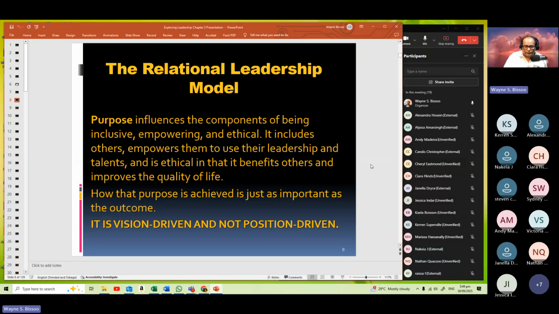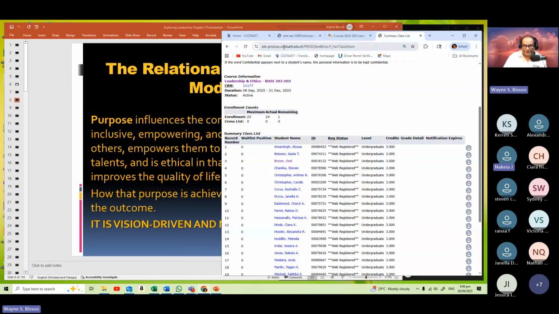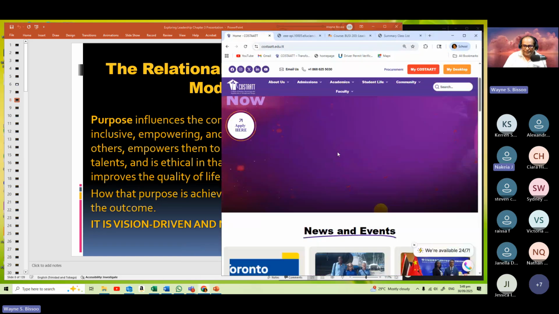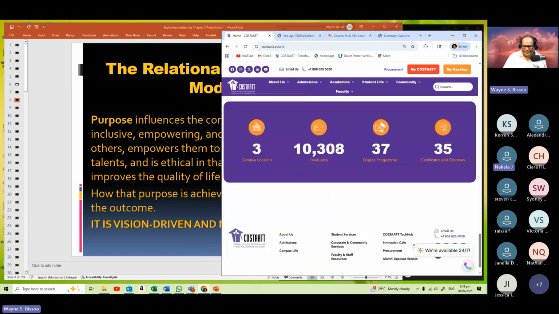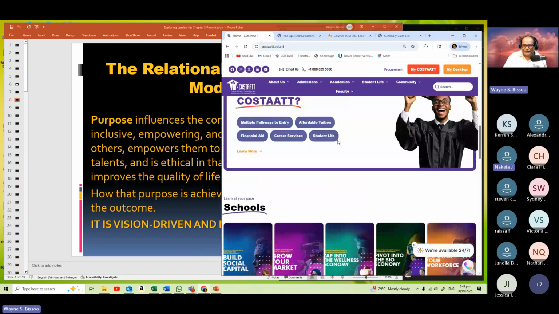Now, how many of you all are familiar with the vision and mission statement of COSTAT? Let's see. Anybody here? So I've seen it before, but I can't remember it word for word, but it's about your ability to educate our population quite strongly, and I know integrity was part of it, something along those lines.